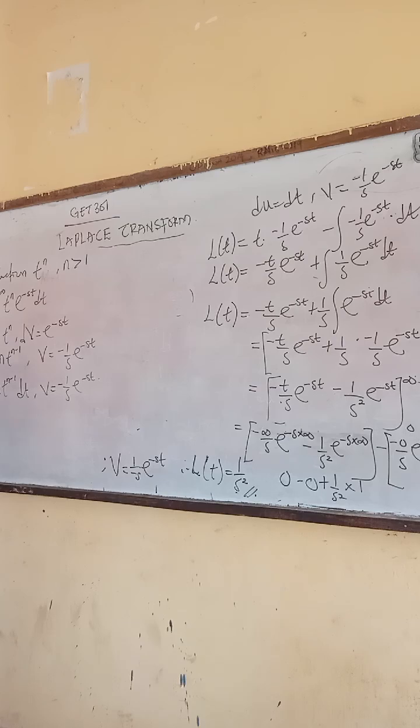What's our u? t raised to power n multiplied by what's our v? Minus 1 over s exponential minus st, minus the integral of v, minus 1 over s exponential minus st, du. What is du? n t raised to power n minus 1 dt.